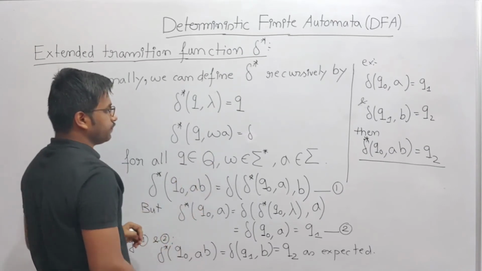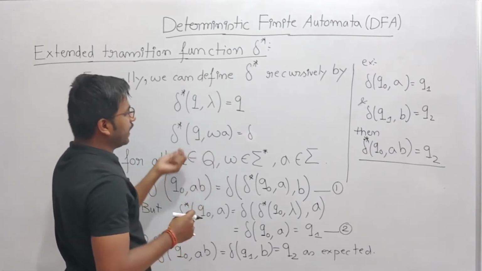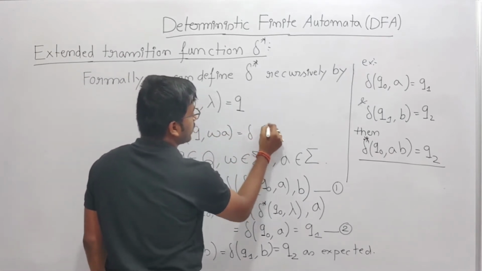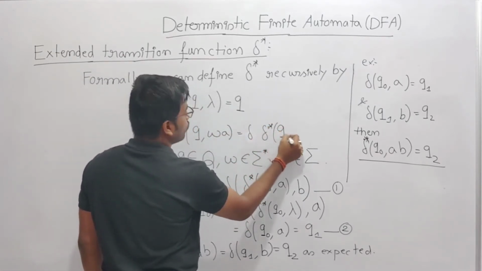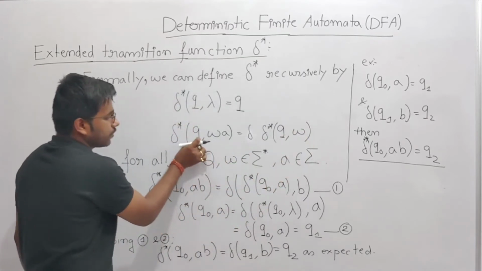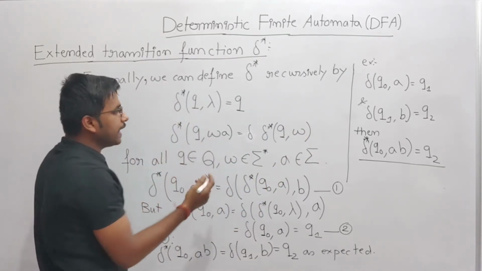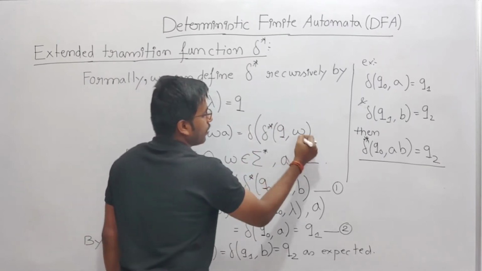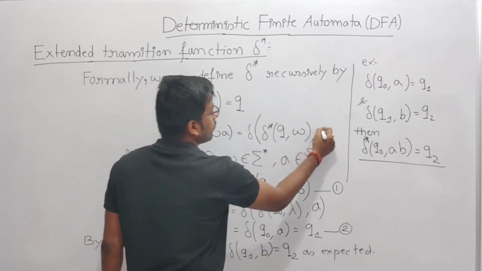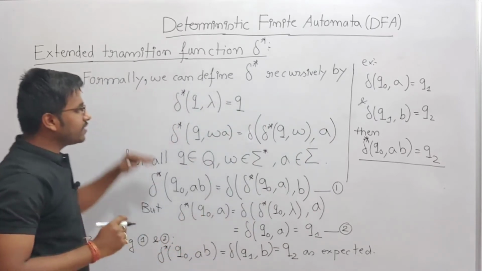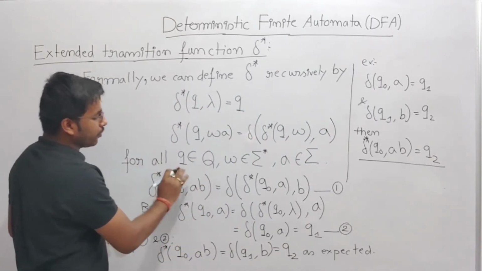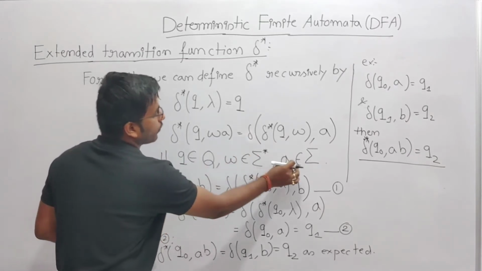How to do it? First you have to find the extended transition function of QW, where it is going. Then you find only the transition function of the state you get, and that state by getting A, where you are going. This is the formal definition, and it is applicable for all Q, for all W and for all A.